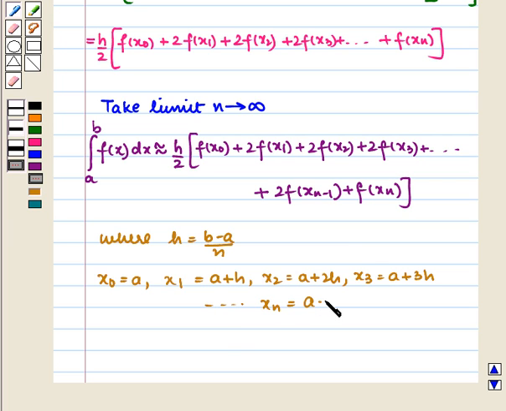Xn is equal to a plus nh, which is equal to b.